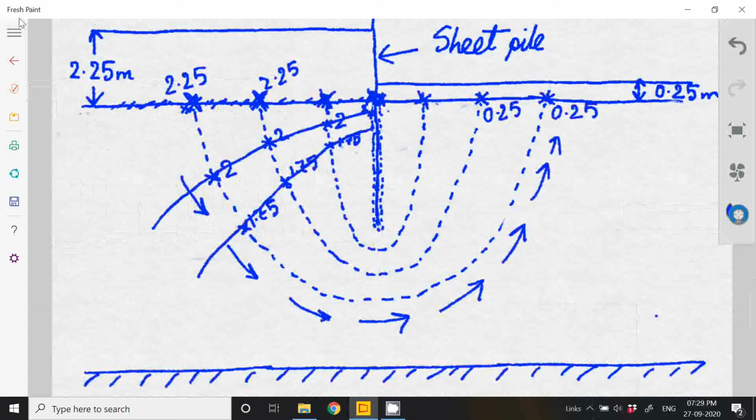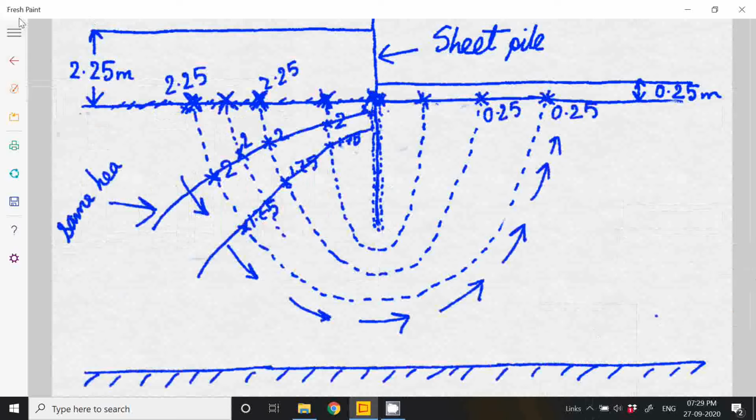Suppose one particle is flowing from here. Here the particle is 2.25. So when it reaches here, the head of that particle will be 2. Okay, so this particular line will have the same head. Now this line will have the same head, 1.75.